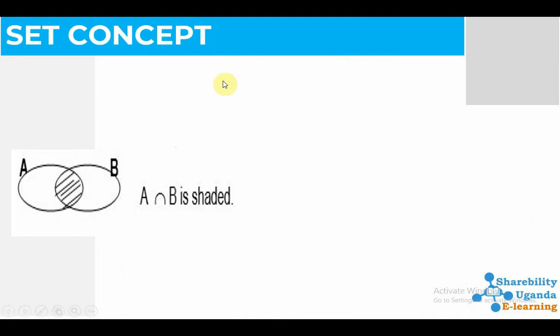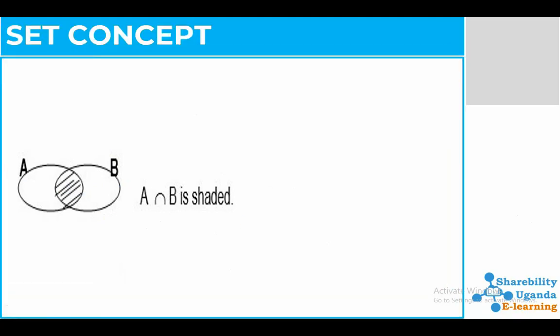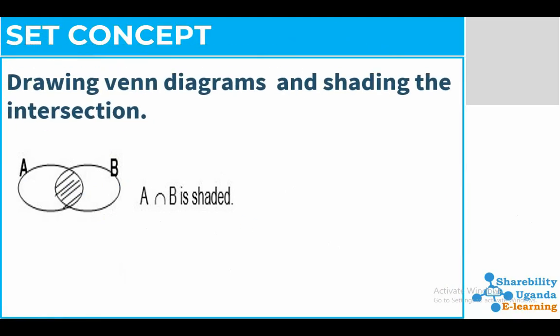We shall have our set here, and in this set we shall talk about drawing Venn diagrams and shading the intersection. We have an example here which has been given to us, shading the intersection, and in this example we are going to learn how we come out with this, and what this means.